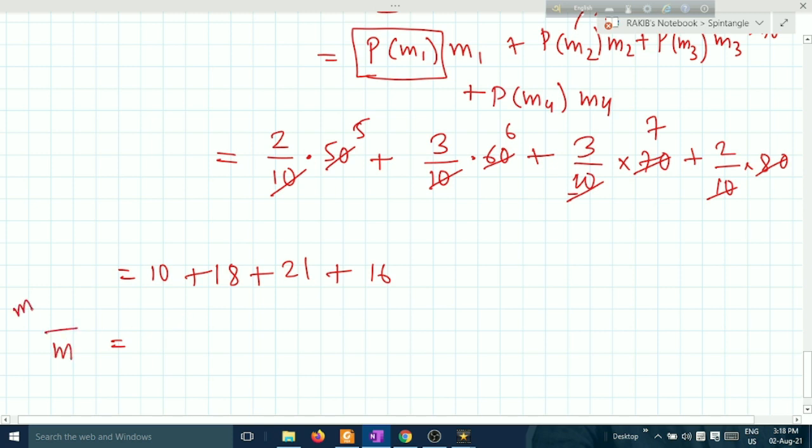Mean mass is written like this, M bar. M bar is what? 28 and 21 is 49, 49 and 16 is 65. Okay, 65 kg is the mean mass of 10 students.